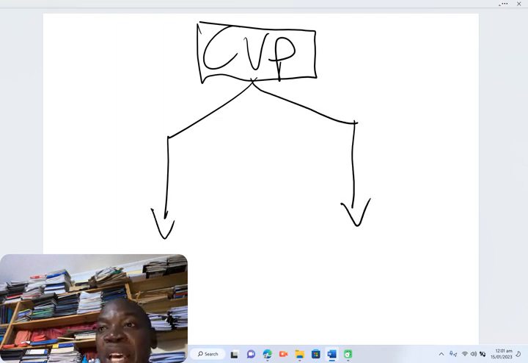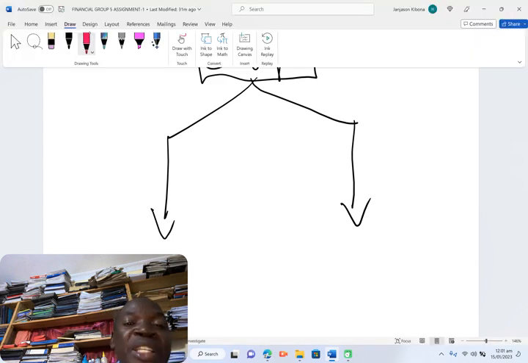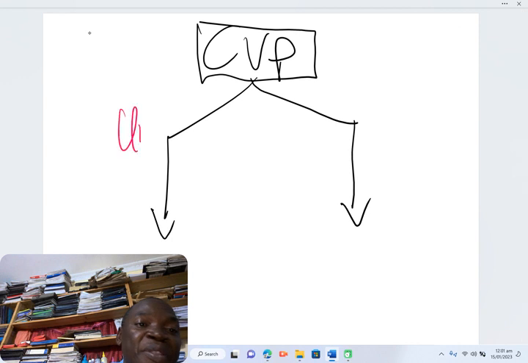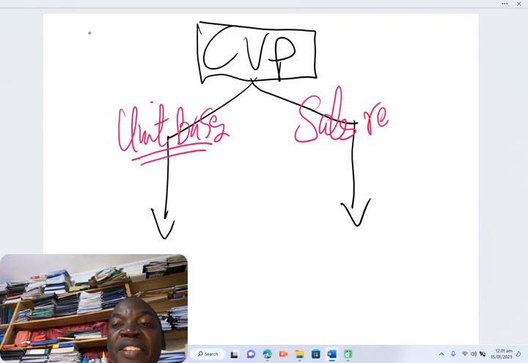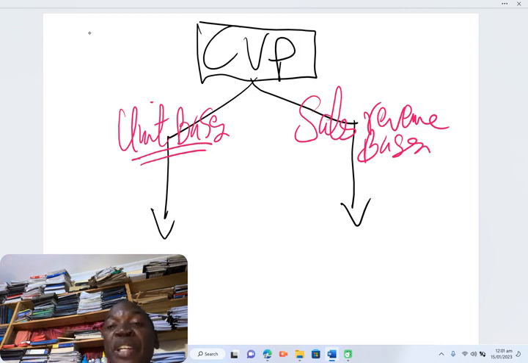The first formula is what we call CVP unit basis. Number 2 is CVP sales revenue basis. And that's why if we talk about the break-even points, we have break-even point in units and break-even point in sales revenue.